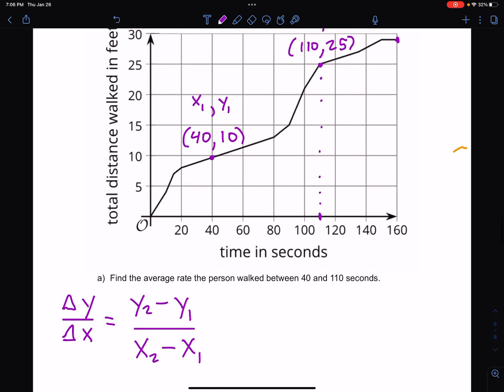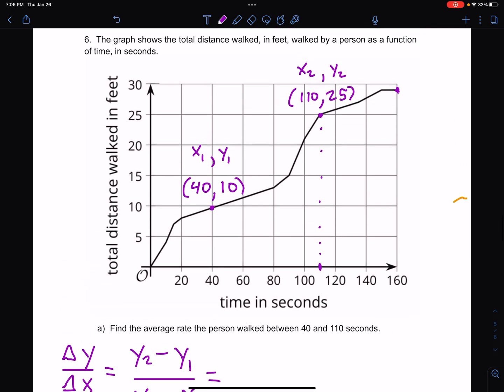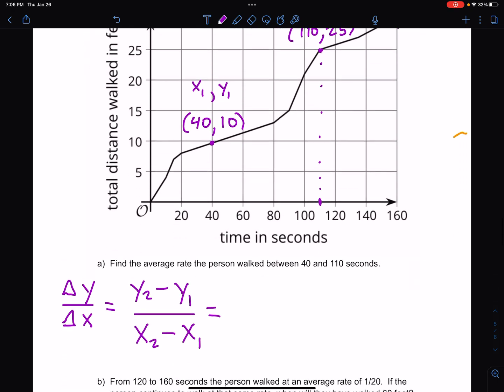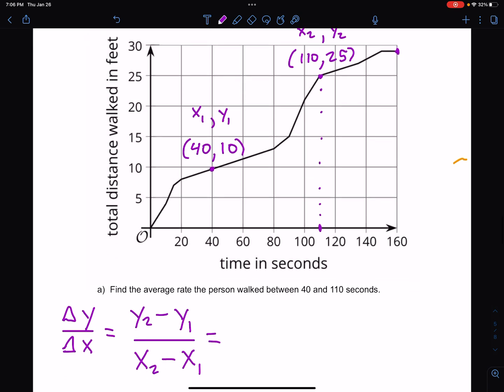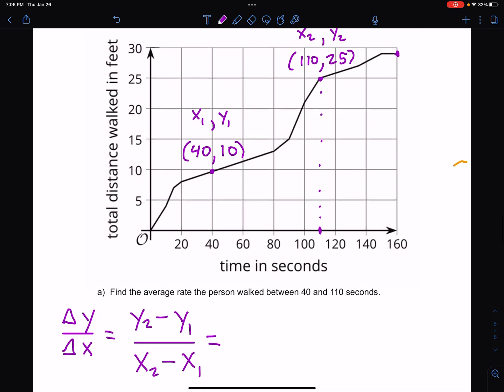For some people, the formula can get you into a confusing area. In some cases, it might be simpler to think: how much did my graph go up or down? That goes in the numerator, divided by how much did it move to the right in the denominator. But if we're careful, we can use this formula and plug these points in here.